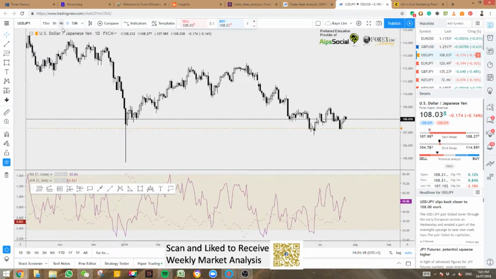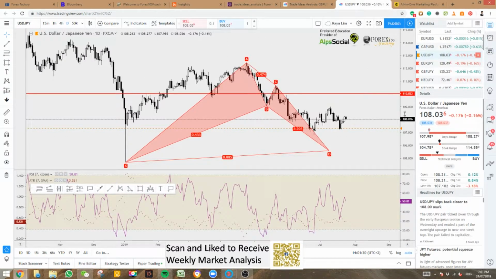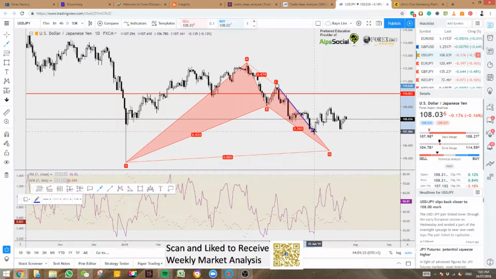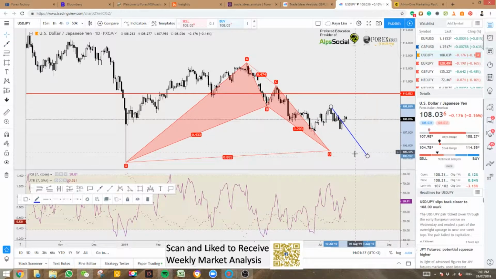To the daily chart, I'll share with you my analysis. A bull bat pattern completed at 105.63 and still stands. Over here you may have a bear flag opportunity. It may stretch a bit lower, just take note of that.